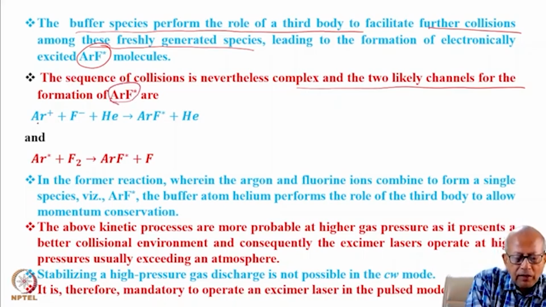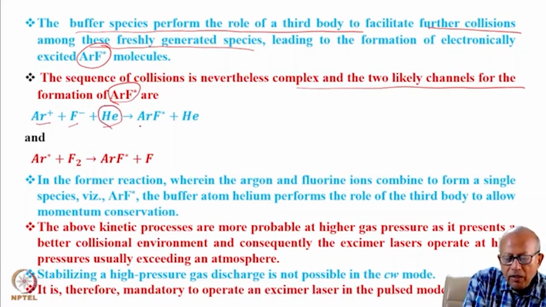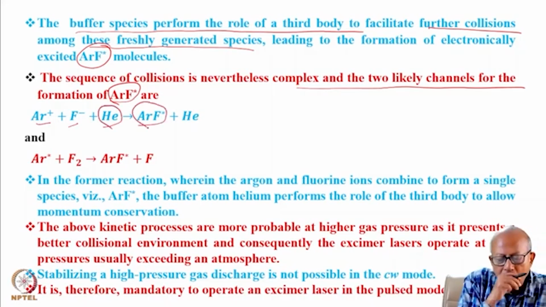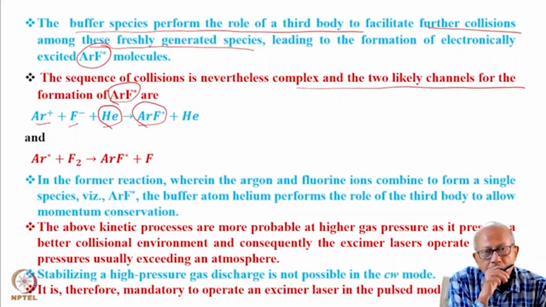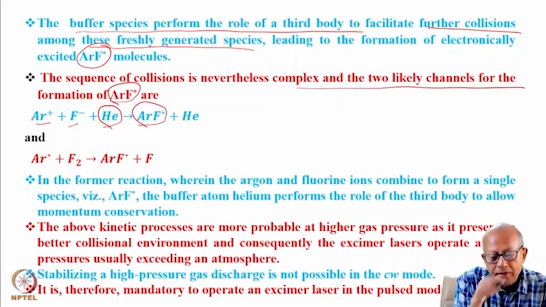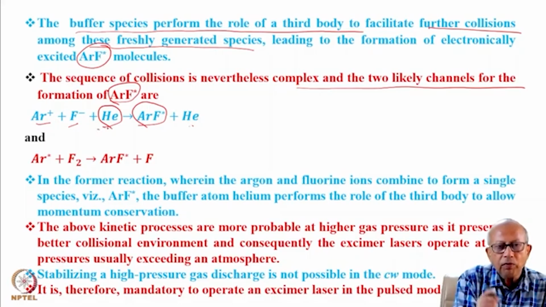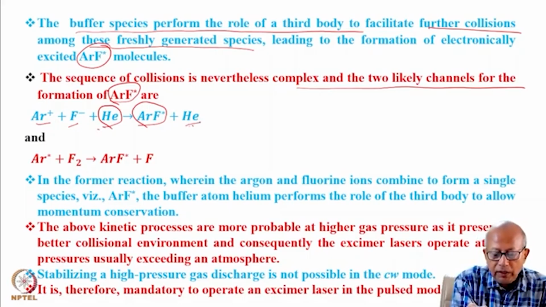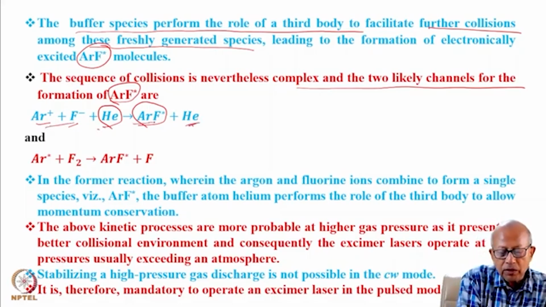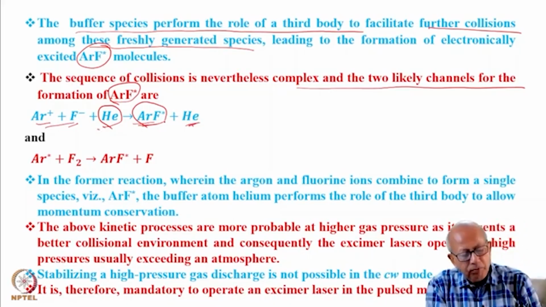One is that the argon ion and fluorine ion, in the presence of helium, combine into argon fluoride, that is the rare gas halide, in the excited state, and helium just performs the role of a buffer here. Without helium, this formation will be very, very improbable.